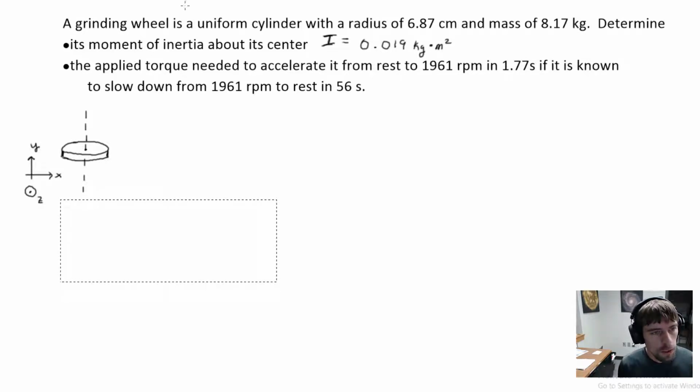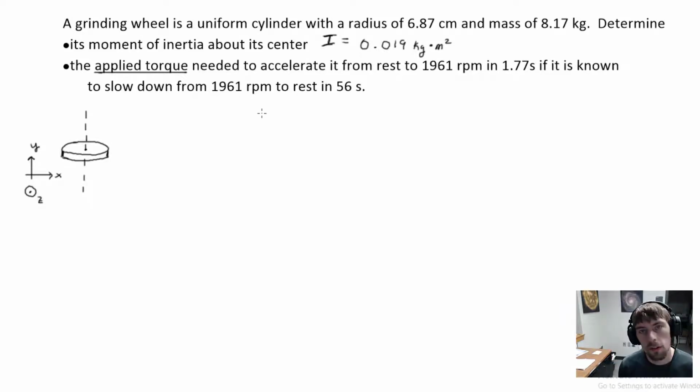The applied torque needed to accelerate it from rest to 1961 in 0.77. So that's what we're trying to find, the applied torque. If it is known to slow down from some RPM to rest in 56 seconds. So go ahead, take a second, plan out your solution here.